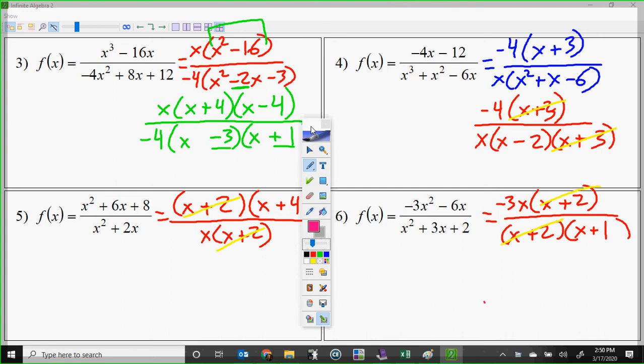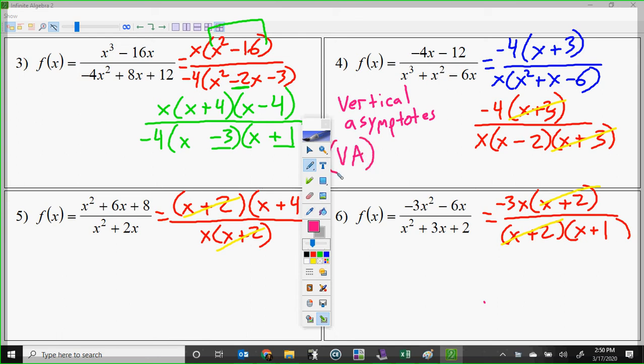So next thing we're going to find is vertical asymptotes. Which takes me a while to write, so I usually shortcut it and write just VA.